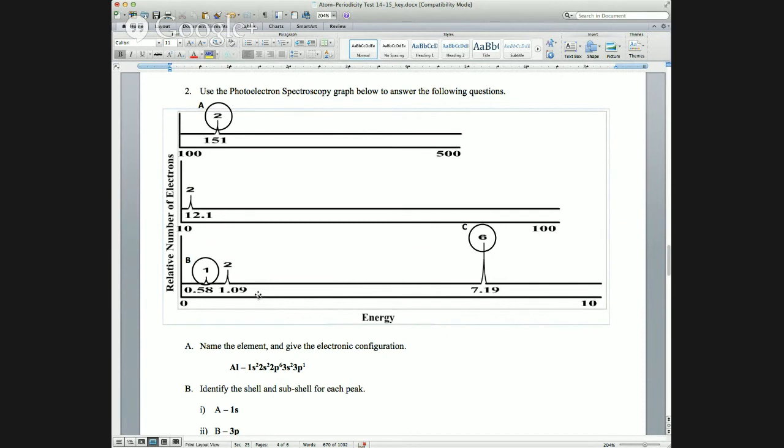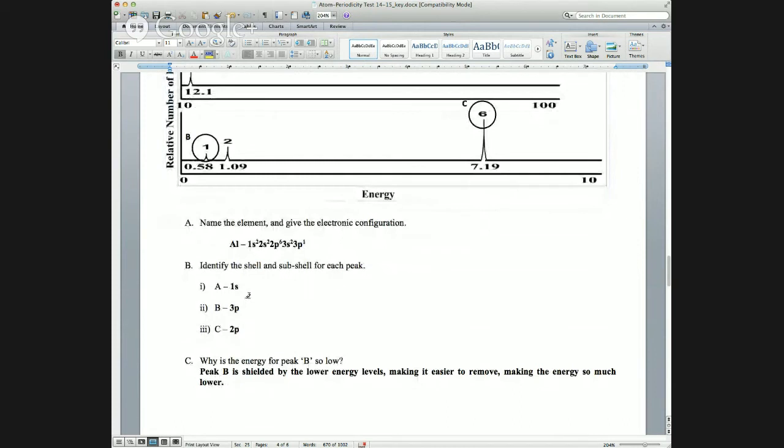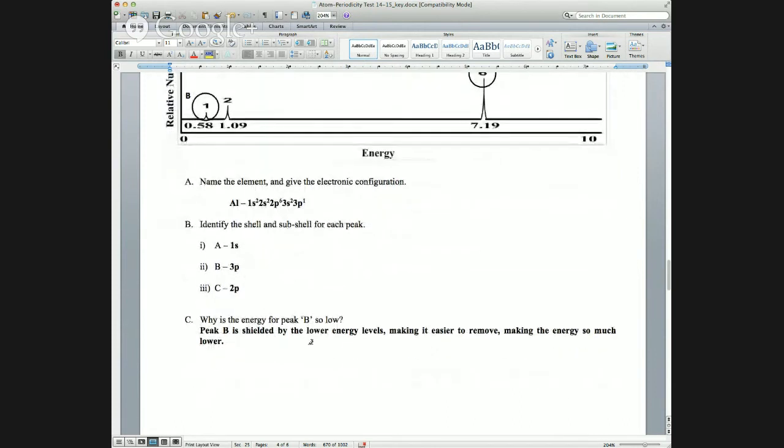And it is the lowest energy, which means that it is the furthest from the nucleus. So that is its last valence electron that was added on there. So we would have 1s2, 2s2, 2p6, 3s2, 3p1. So that's aluminum.